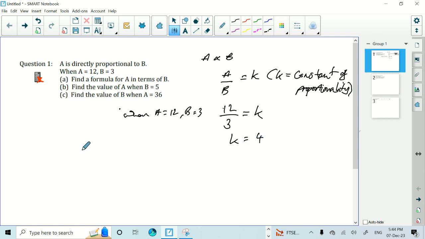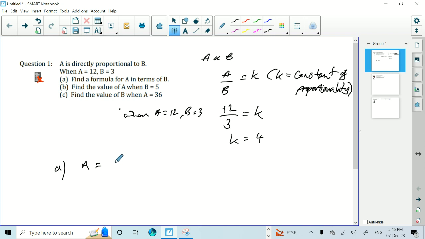Oh, that's nice. It says find a formula for A in terms of B. Well, when we have it written like that, the person marking the paper is expecting you to write A and then equals.